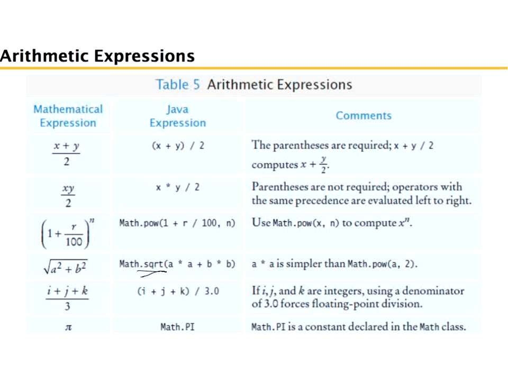Now, have a look at this. It's given you a squared plus b squared underneath the square root. So we have to write Math with capital M, Math dot sqrt. But then, we said for the power you're going to have to use Math dot pow.